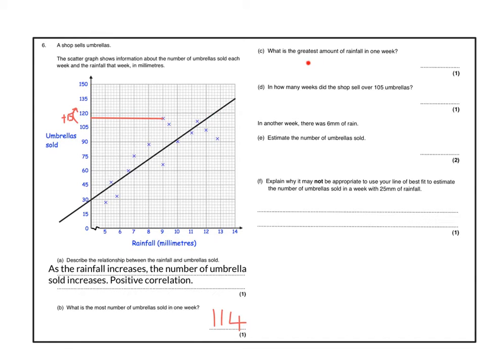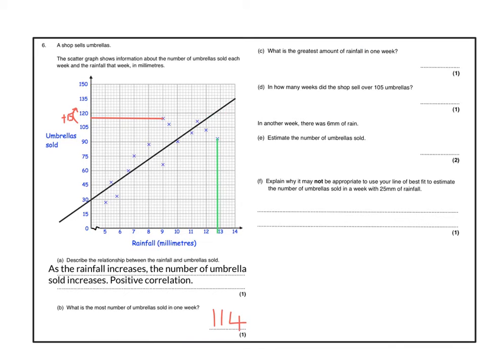What is the greatest amount of rainfall in 1 week? So here's my rainfall. I want the biggest number, the biggest cross over here in this direction, and the biggest one is going to be this one here. Again, get your ruler, draw a line down, read it off. There we go.